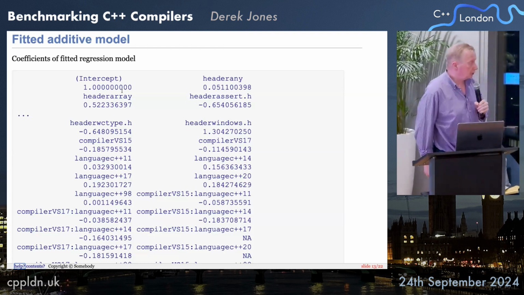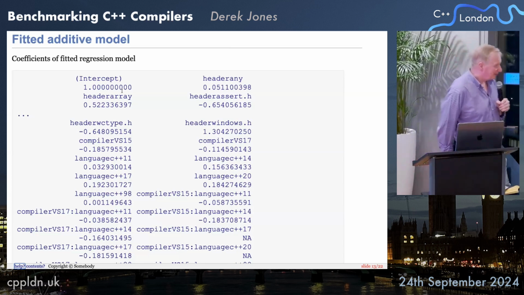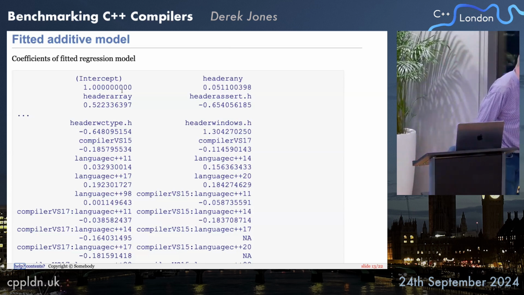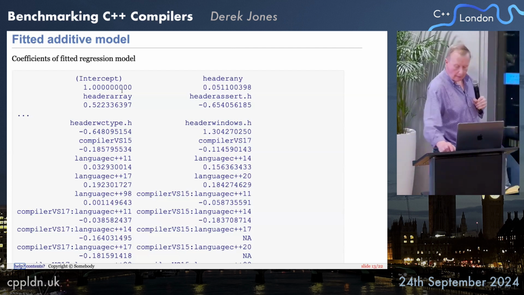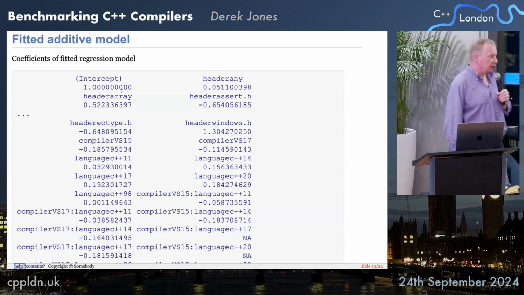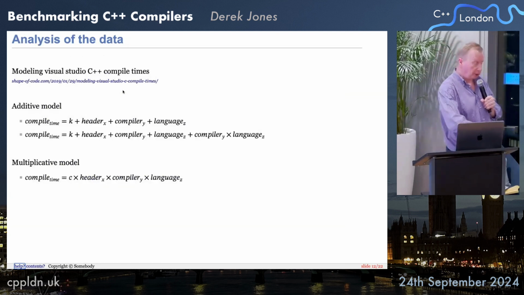Yep. Question? Sorry, I'm not too familiar with this. If it's a negative number, it means that compared to the mean one, it's better? So including assert is better than including mean one, or what does it mean? Yes, so a negative number would mean it would be quicker, because what we're measuring is compile time.